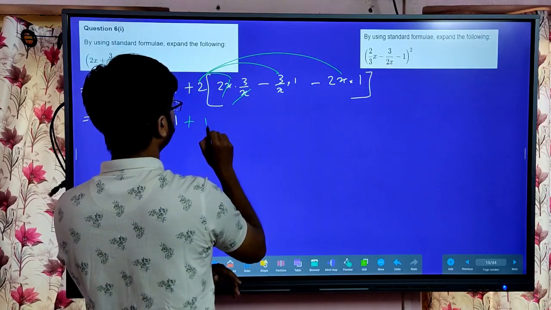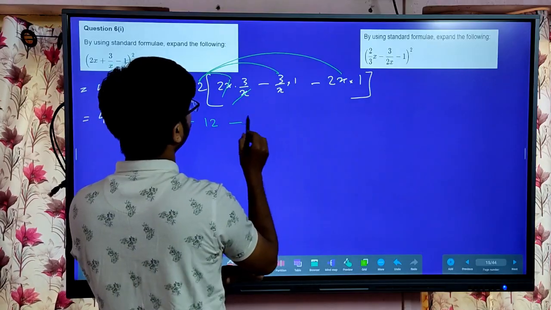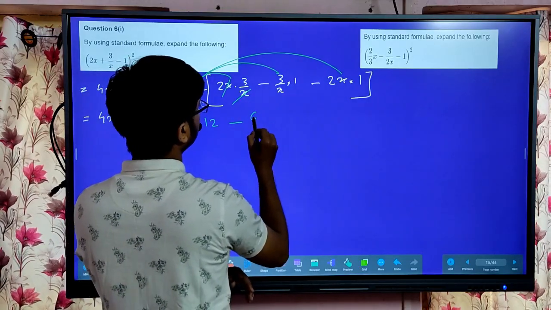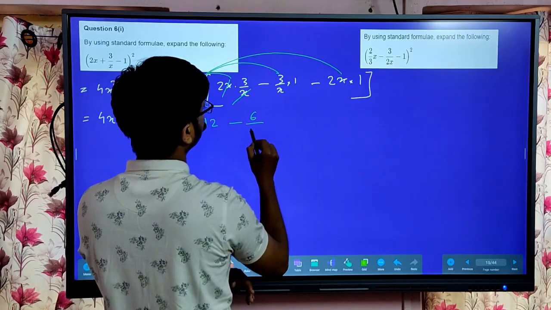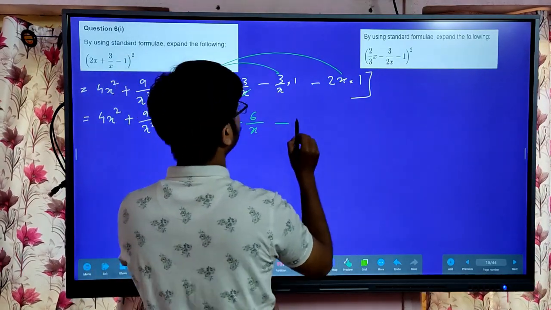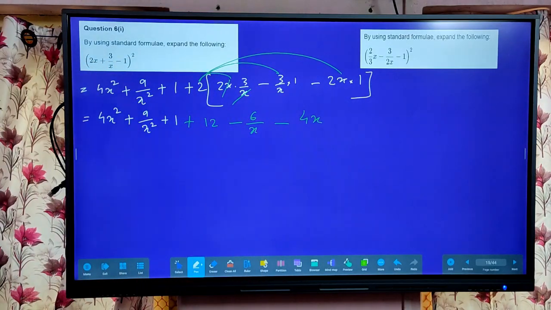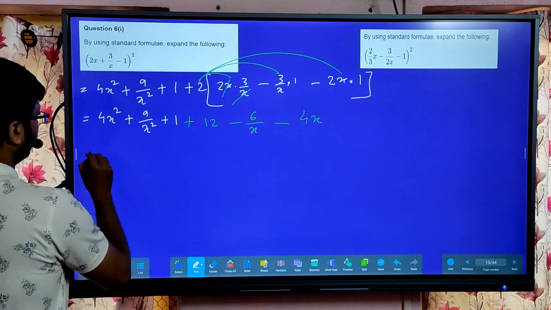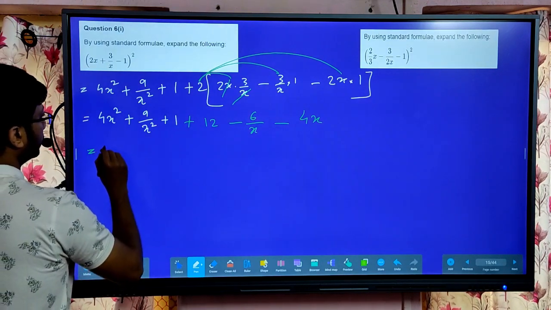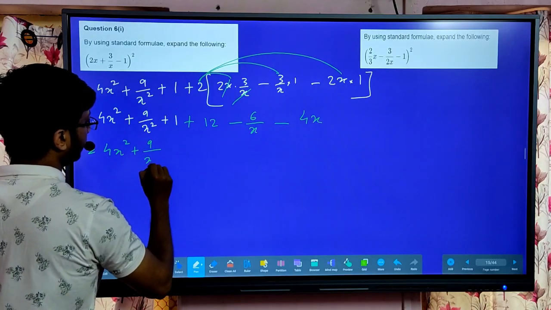So it will be 12 minus 6 by x minus 4x. So it will come out to be 4x square plus 9 by x square.